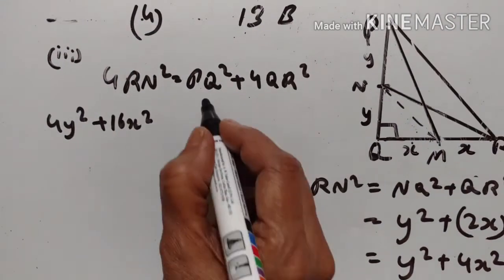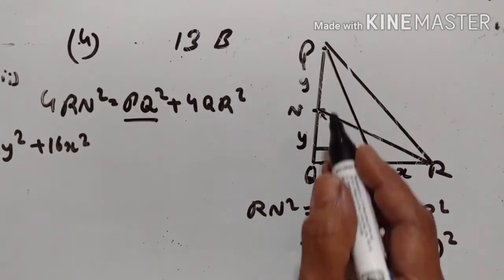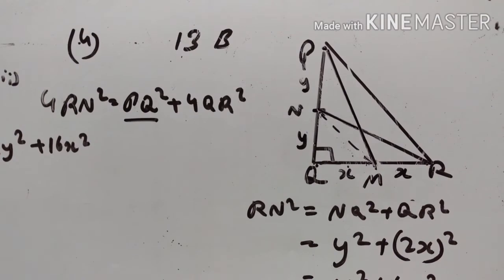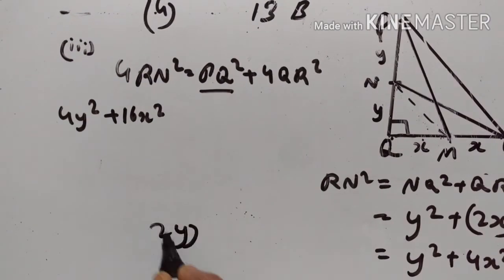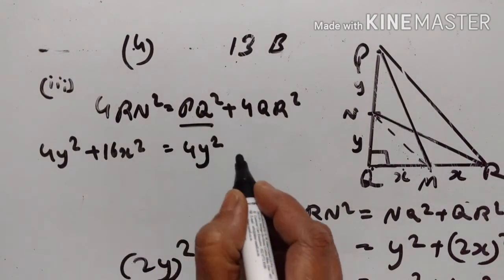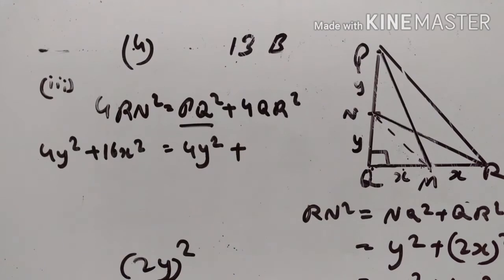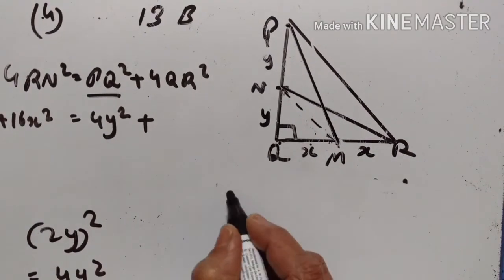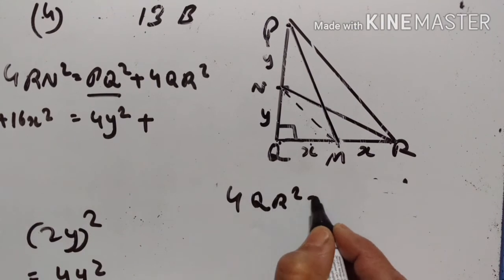Let us find what is PQ squared now. PQ squared is equal to 2y square. 2y square is equal to what? 4y square. So PQ squared is equal to 4y square. Plus 4QR square. 4QR square is equal to what?